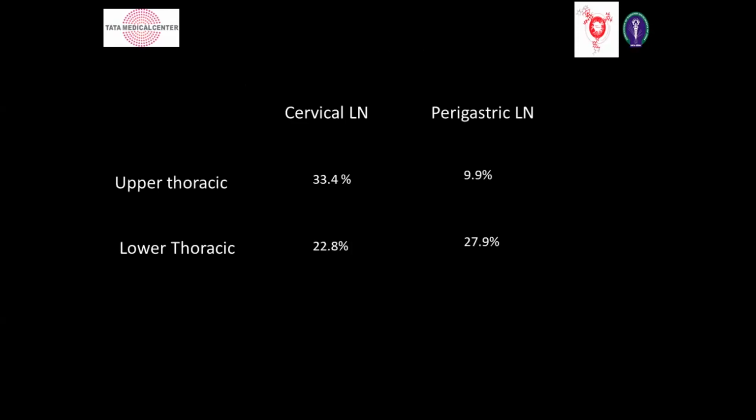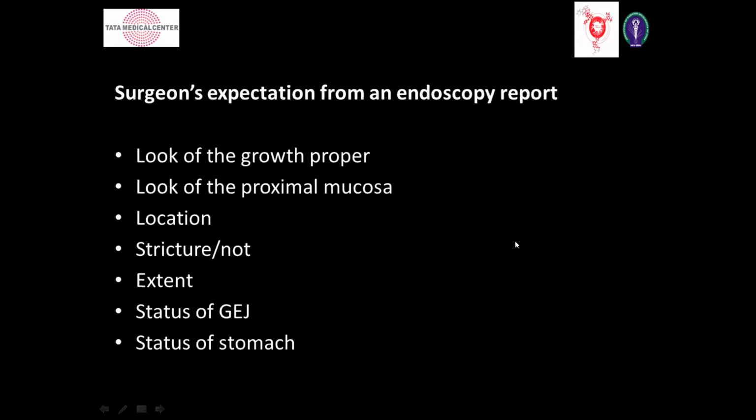And this is just a number, the percentage or probability of having lymph node metastasis according to the location of the tumor. An upper thoracic tumor predominantly goes to the neck. A lower thoracic tumor predominantly goes to the perigastric lymph nodal basin.